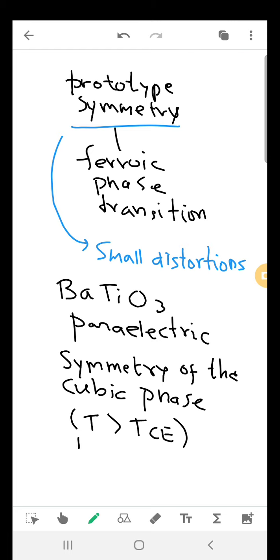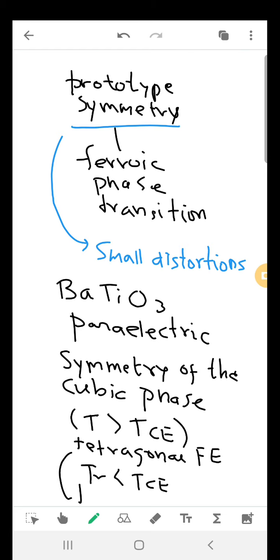Whereas, we have a tetragonal ferroelectric material when T is less than Tc, and at room temperature there is a ferroelastic phase of this material.